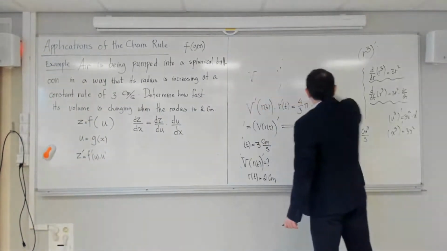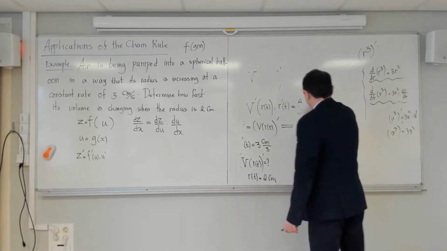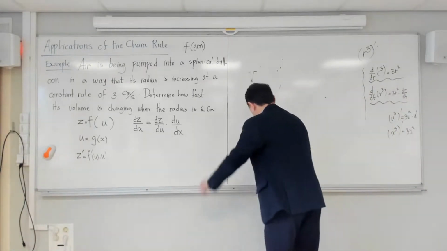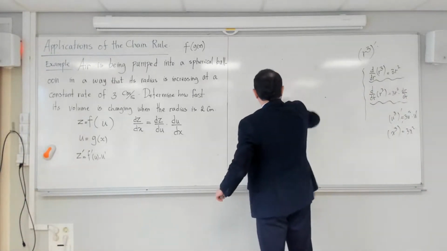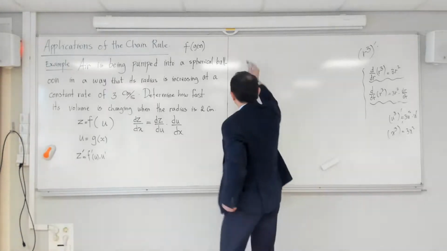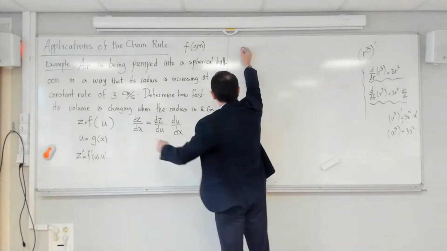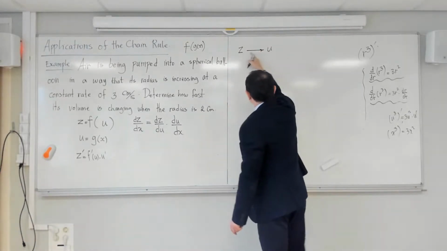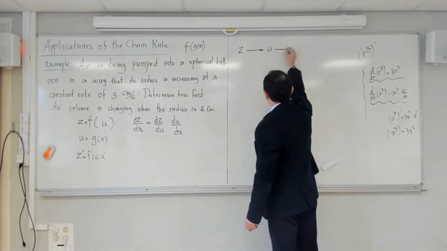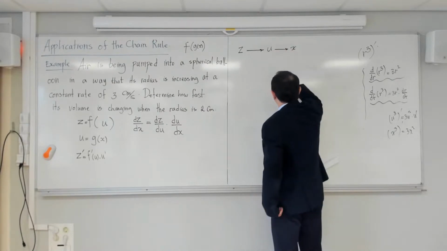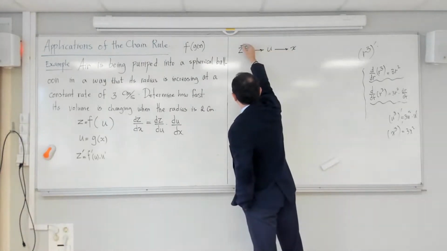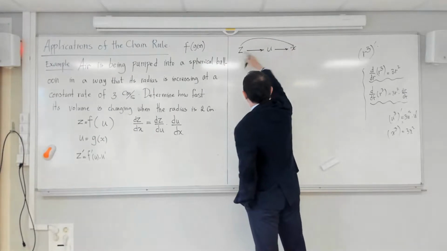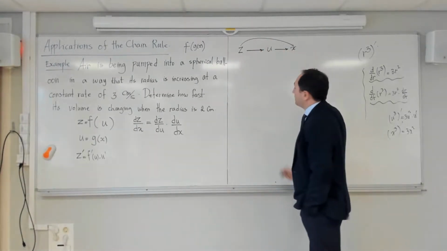So let me draw a diagram for you. You need to remember this diagram. Z depends on u, and u depends on x. My goal is to calculate the rate at which this variable is changing with respect to that.